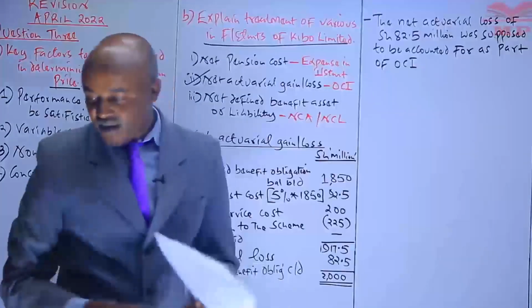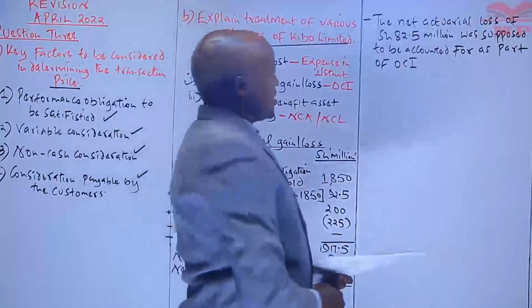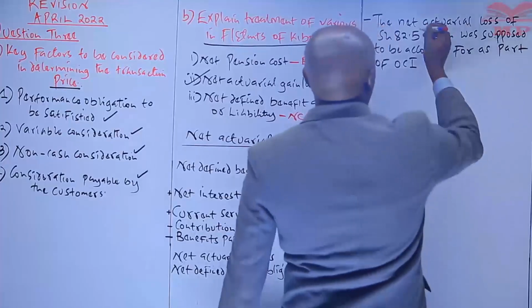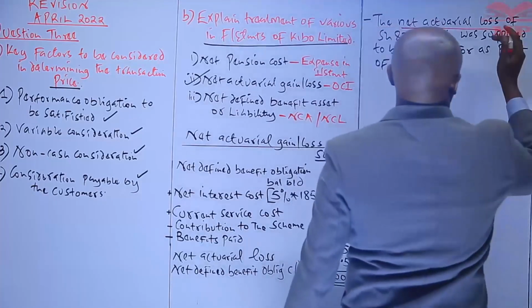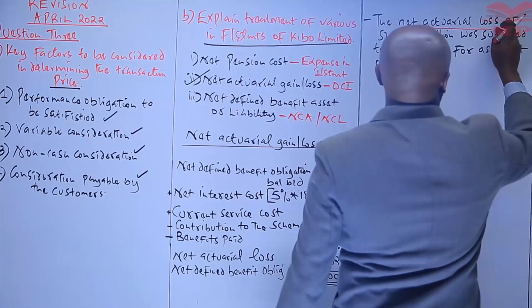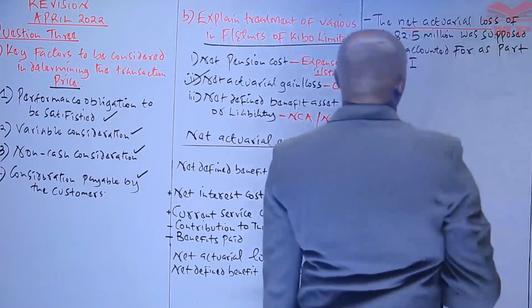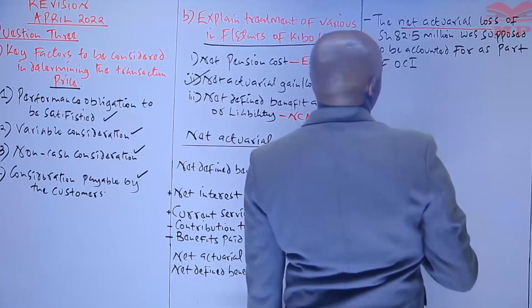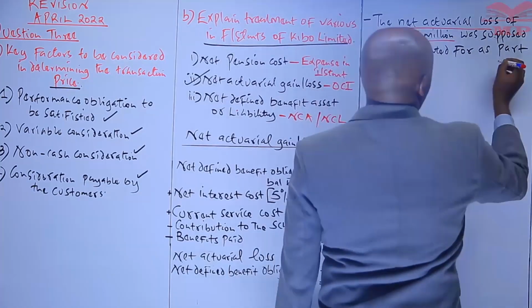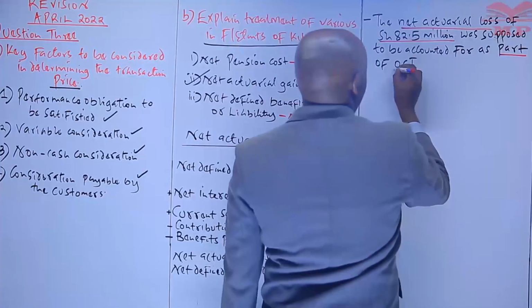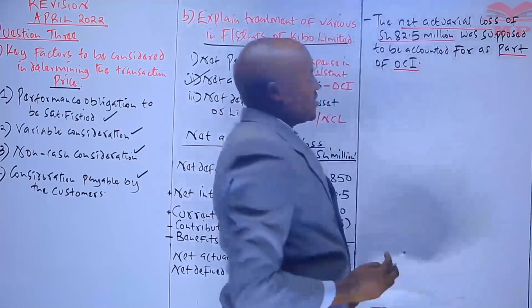So that is the explanation which was required here: the net actuarial loss, this figure which you have computed here of 82.5 million, was supposed to be accounted for as part of other comprehensive income.